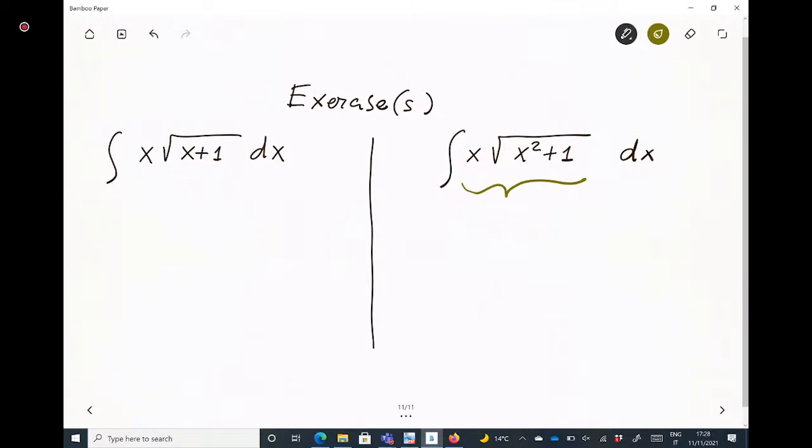So reduce it to the structure of the derivative of a composite function, the result of the application of the chain rule, okay?